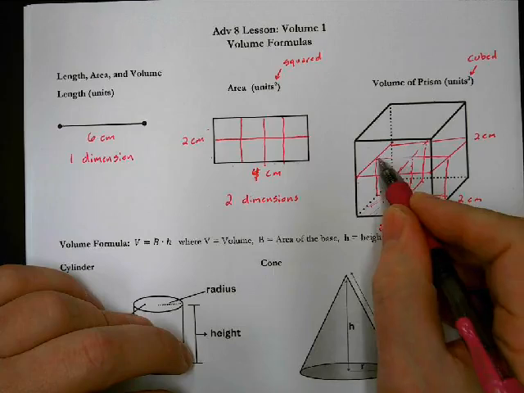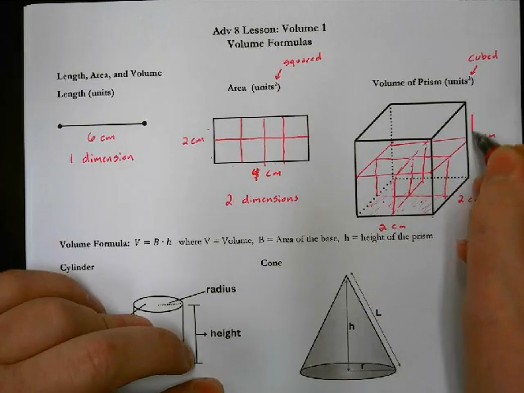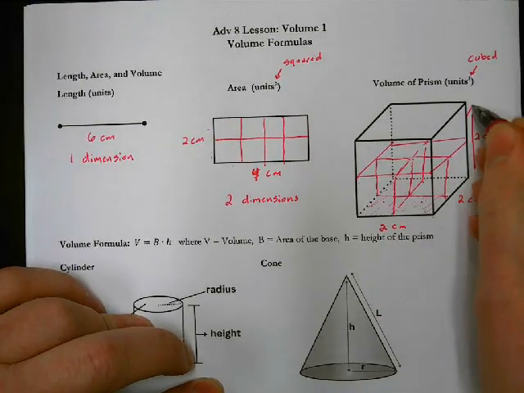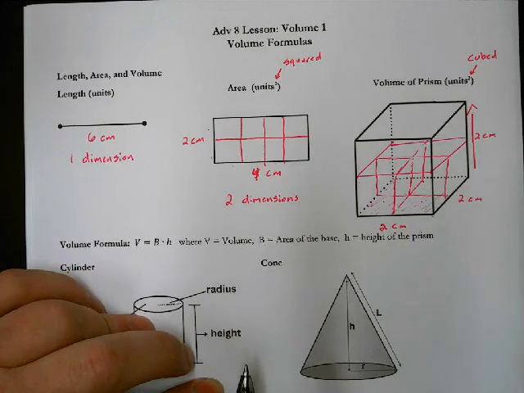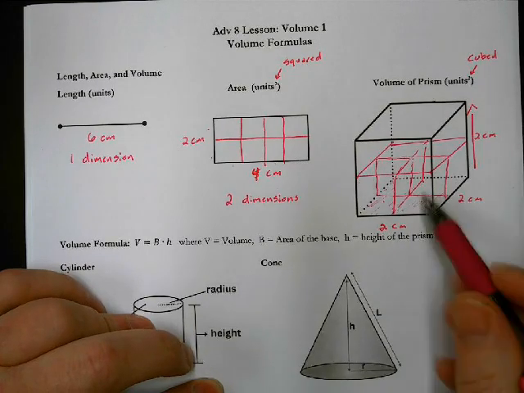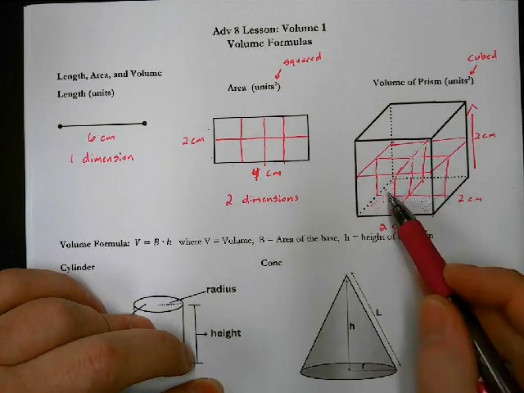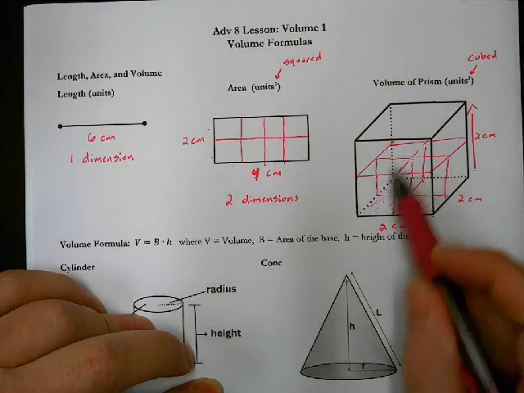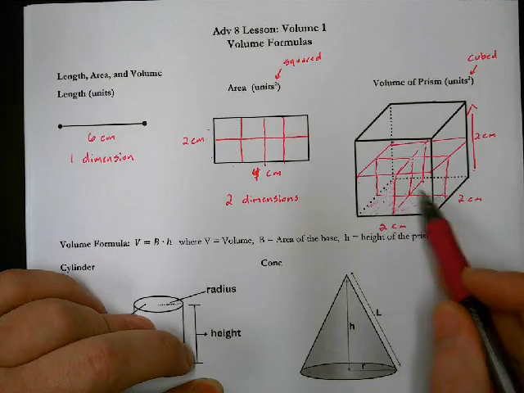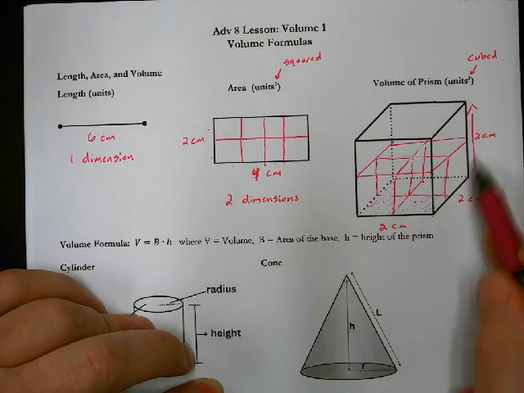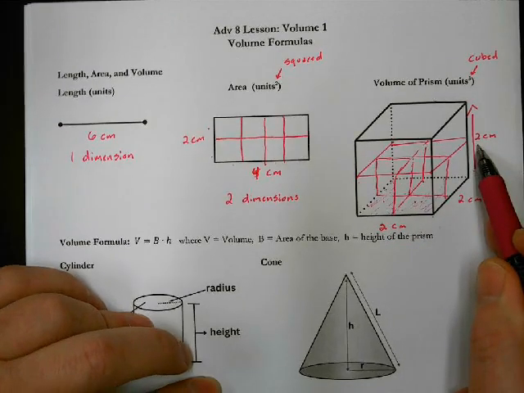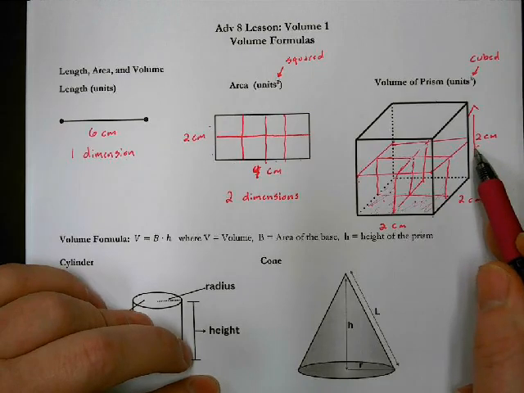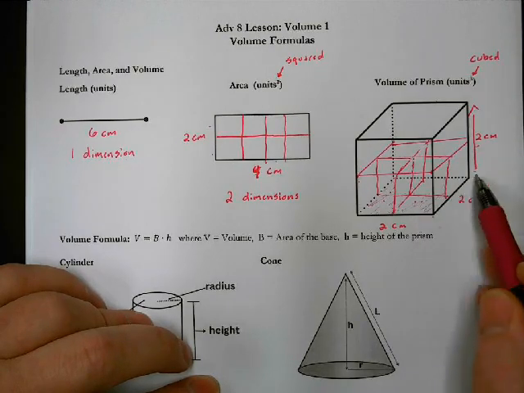And then from here, we fill up the shape with the height of the shape. So I've got 4 cubes that fit on the bottom, and then the height tells us how many times we're going to stack those 4 cubes that are on the bottom. We're going to stack them twice. So yes, the formula, if you've done this before, is 2 times 2 times 2, length times width times height.